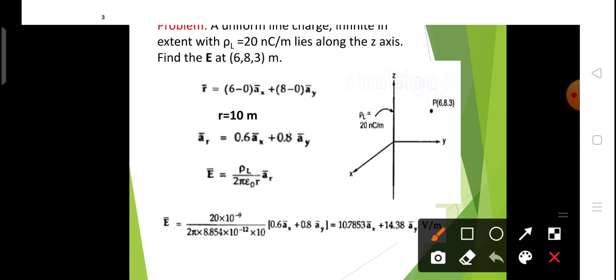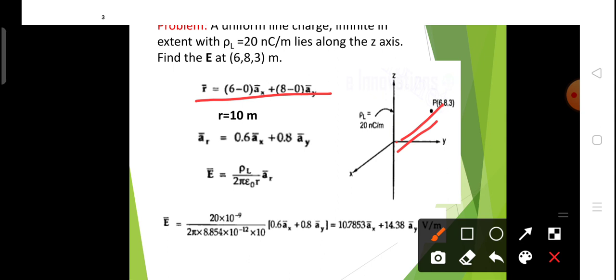As said earlier, there is no component in the z direction, so we can leave 3. The only 2 values are 6, 8, taken from the origin to this point. So 6 ax plus 8 ay, so we will have 6 ax vector plus 8 ay vector.